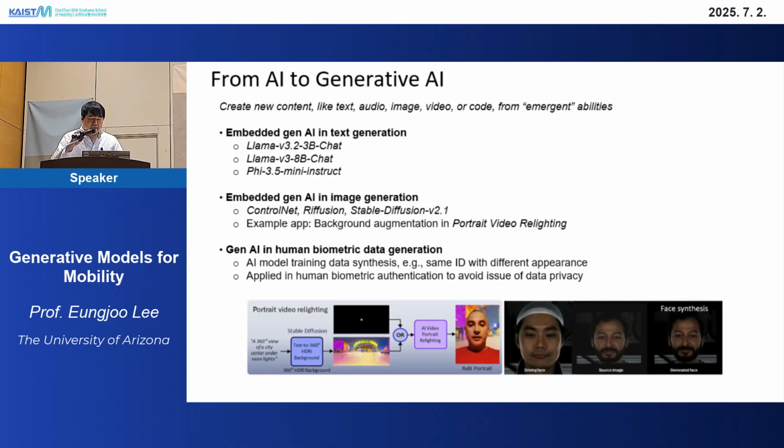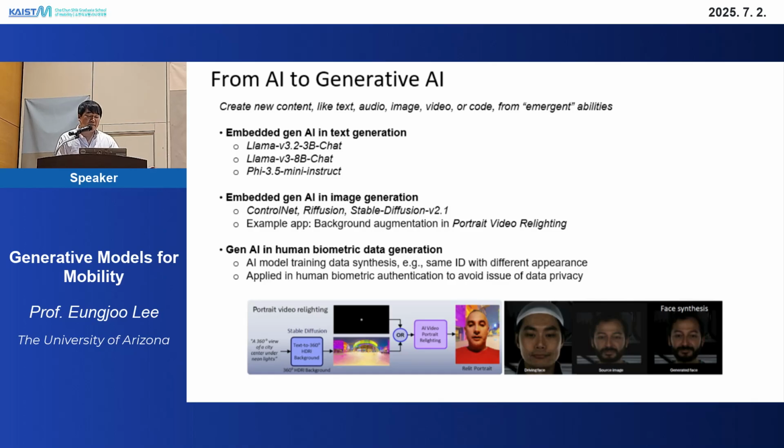So from AI to generative AI. I think some people or some students already have used state-of-the-art generative AI, like diffusion models and some image generation tools, which give you very high quality image output.